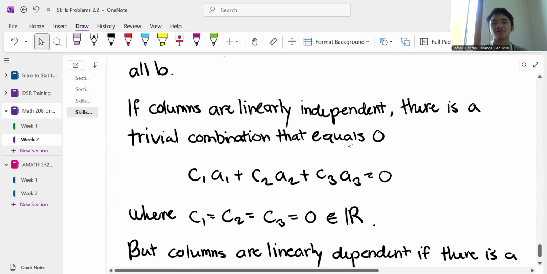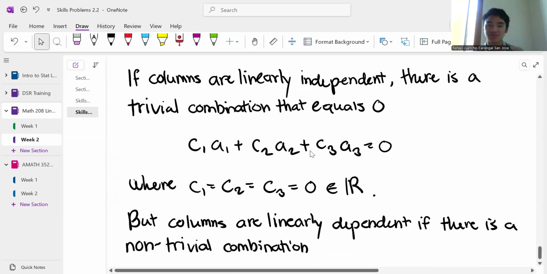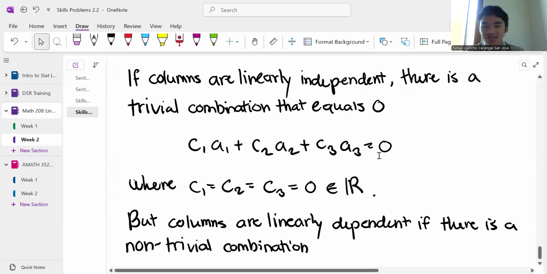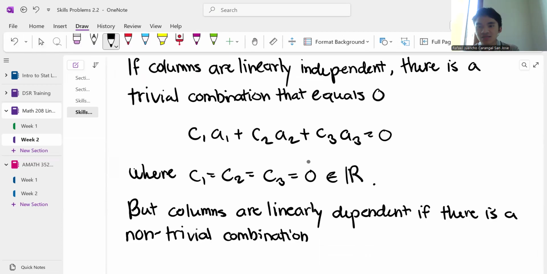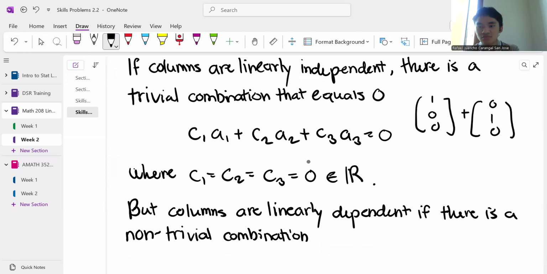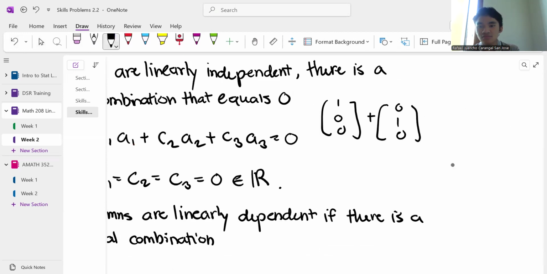An example of linearly independent is the standard basis vectors, right? And that is the ijk vector that we talked about in our calculus class. Why is that? If we add those vectors together, we get 1, 1, 1.